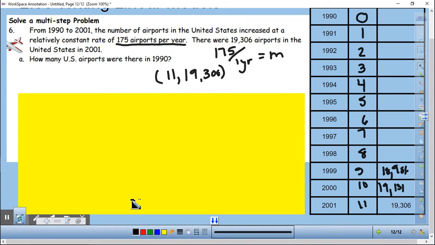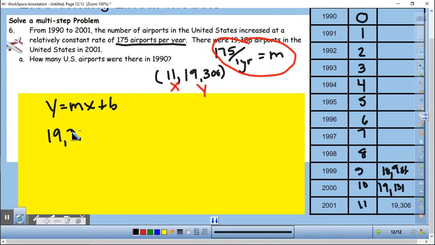So remember, we know that this is x, this is y, and this is m. So I'm going to plug those into slope-intercept form, y equals mx plus b. My y is 19,306.